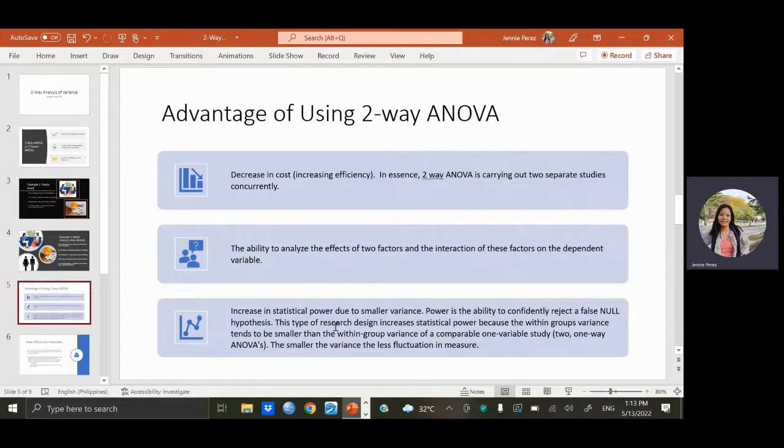Then another advantage of using two-way ANOVA is that you're not only studying the main effects of 2 factors on the dependent variable, but you are also studying the interaction of these factors on the dependent variable.